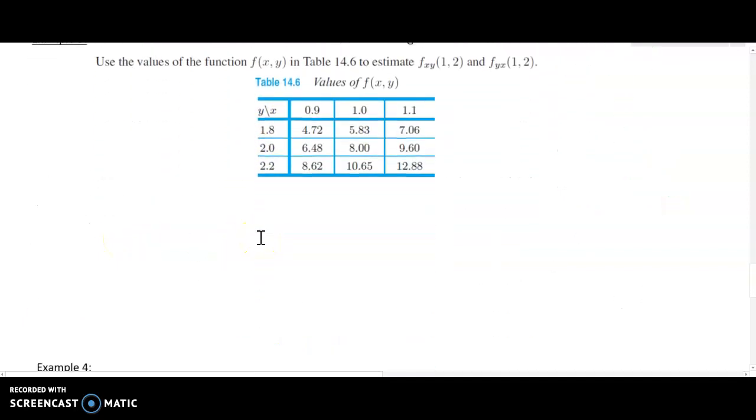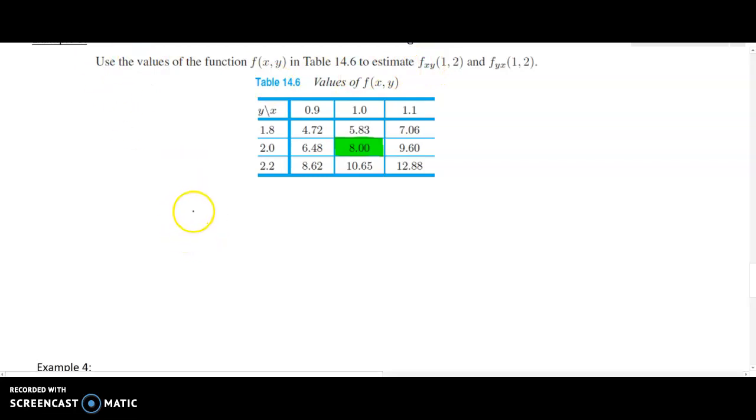Here I have a table of values, and I want to estimate the two mixed partial derivatives at the point 1, 2. So at the point 1, 2, my focus is this square, or this rectangle right here. And so the first thing I'm going to do is I see the first derivative here is in the x direction.